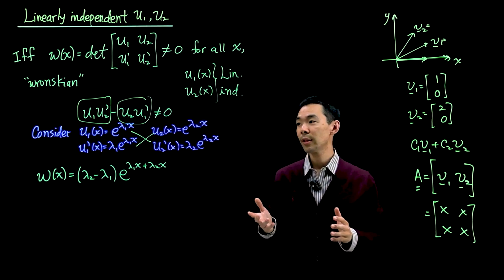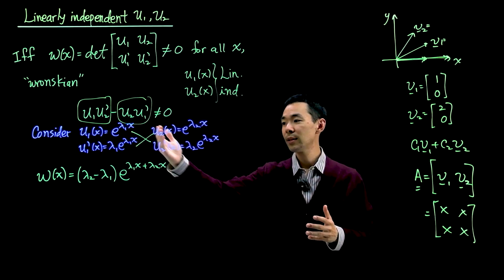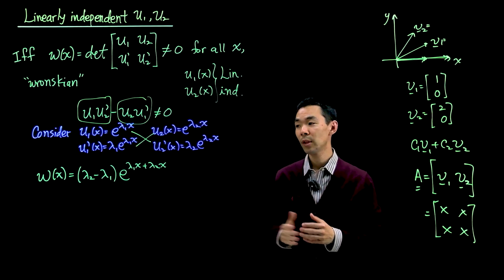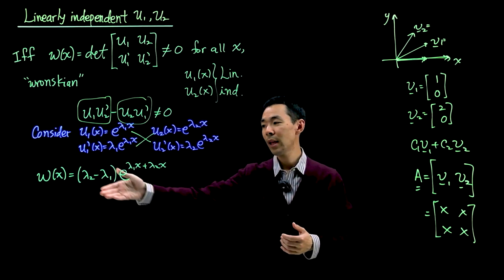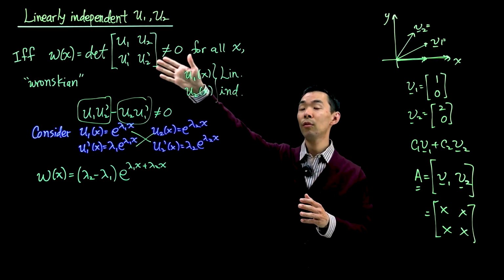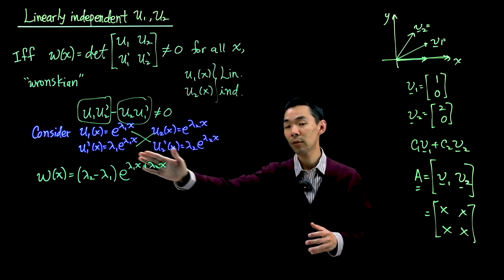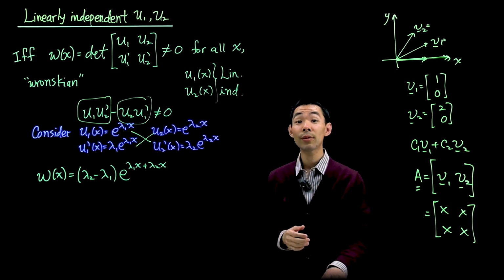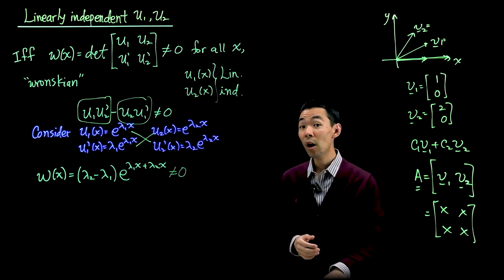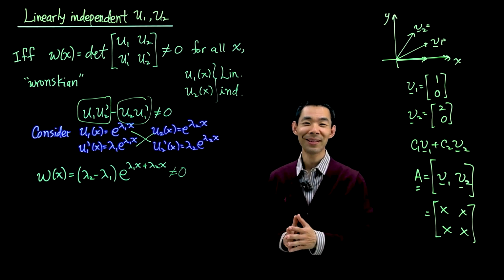And so you can see that there's a common factor of e to the lambda 1 x plus lambda 2 x. Pull that out, and out comes lambda 2 minus lambda 1. Now, the rule says if this form, the Wronskian, is not equal to 0 for all x, then we're guaranteed that u1 and u2 are linearly independent.